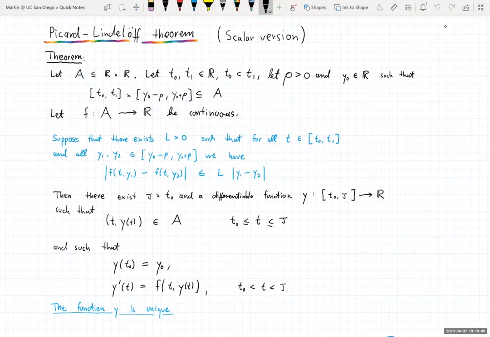Now again, we let f be a continuous function which is defined on the set A. And the continuity condition is now the following.